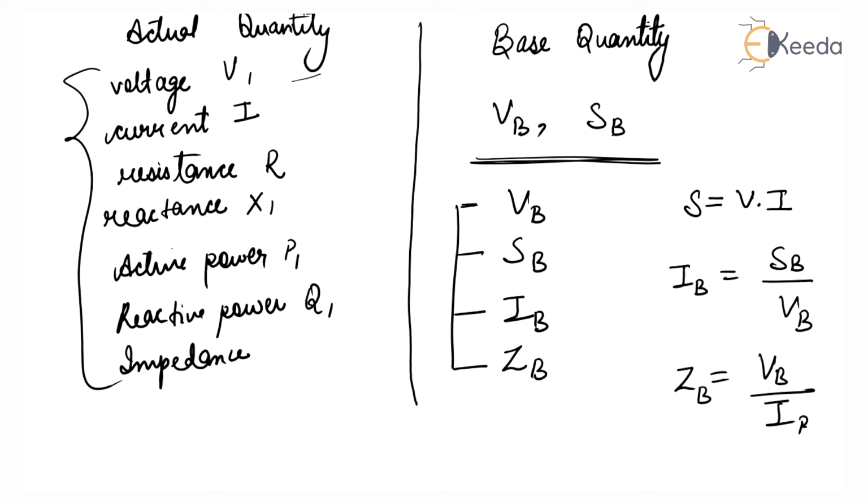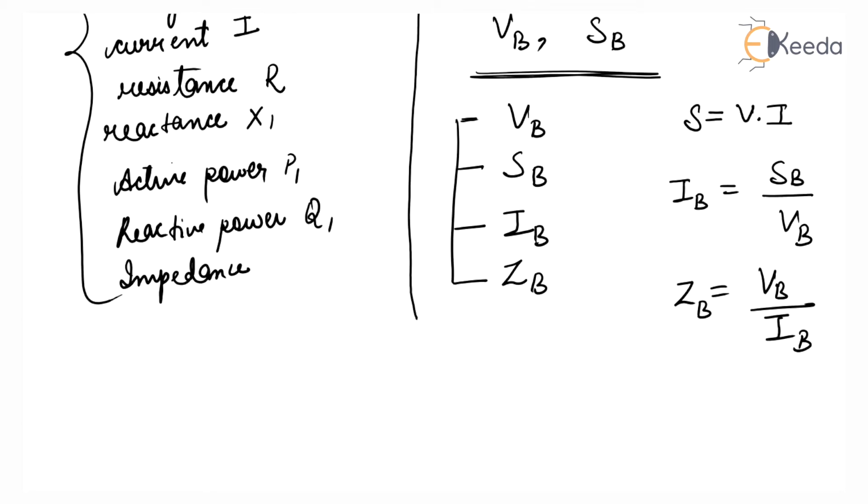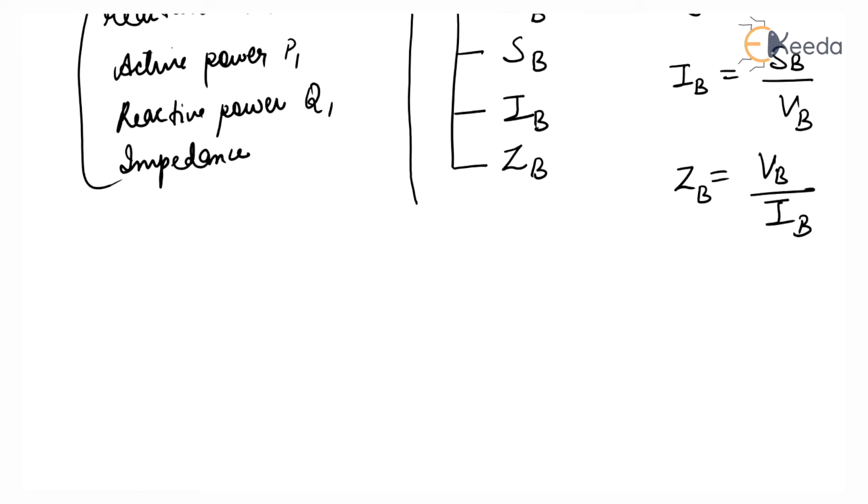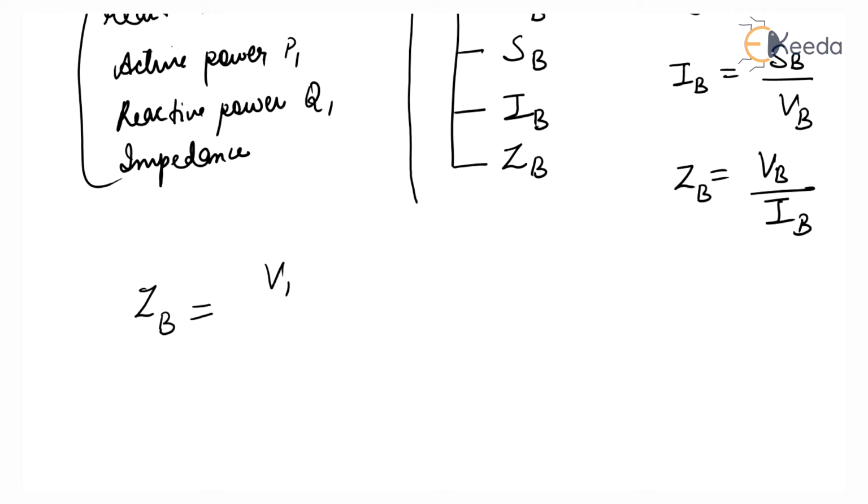upon I base. Please remember that in our question only two parameters will be given as base quantities, so we are going to convert this formula in terms of these two quantities. See, Z base is equal to V base upon I base.